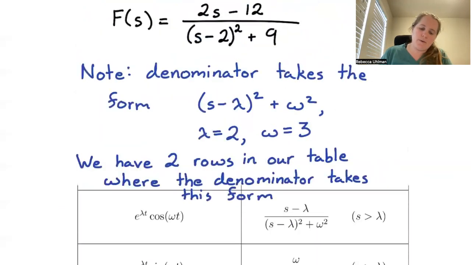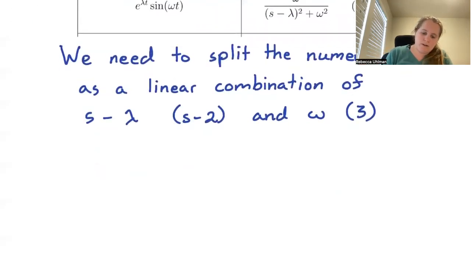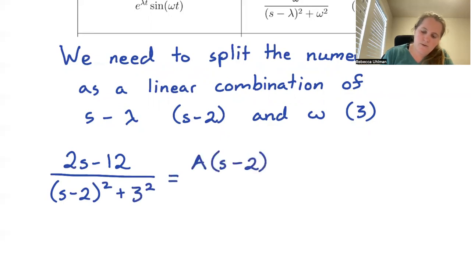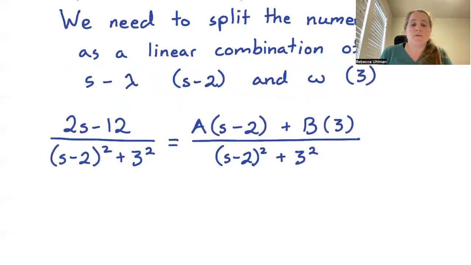So our numerator that we're working with is 2s minus 12. We essentially want to write 2s minus 12 over s minus 2 squared plus 3 squared as a times s minus 2 plus b times 3, all over s minus 2 squared plus 3 squared. In order to have 2s, we need a to be equal to 2.